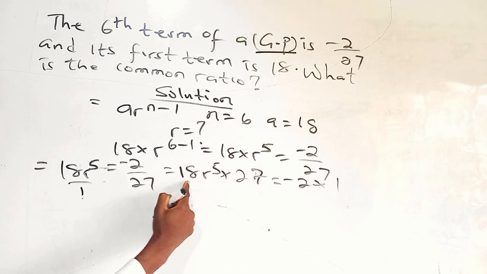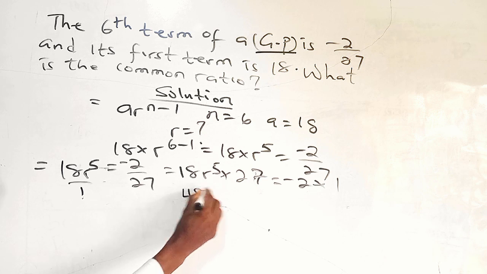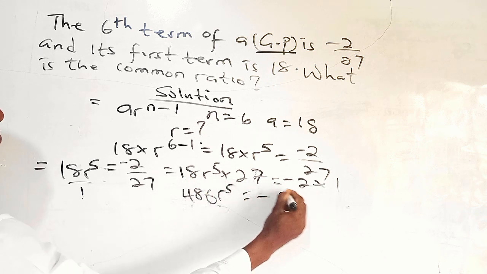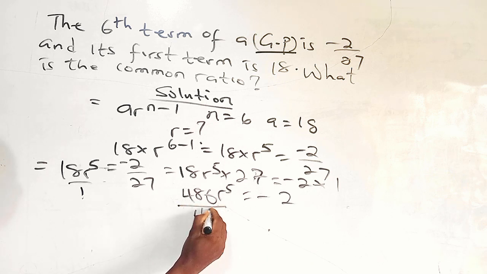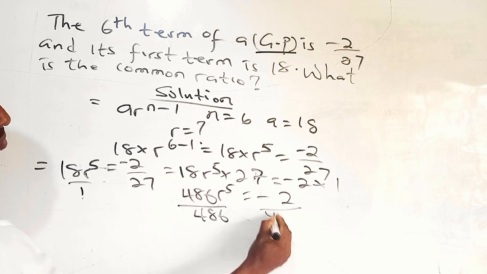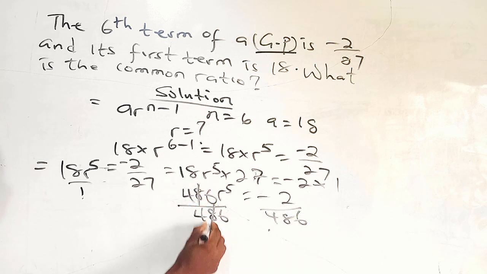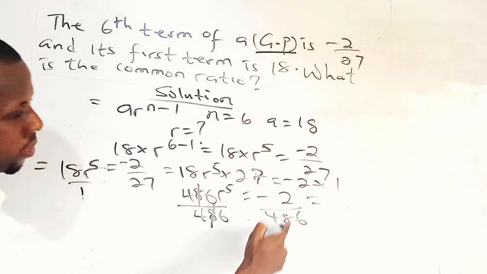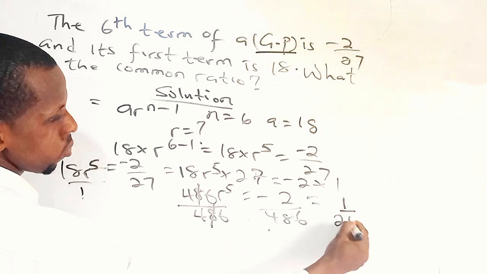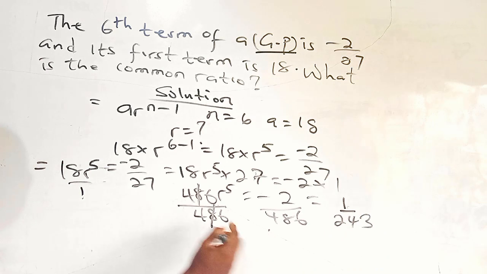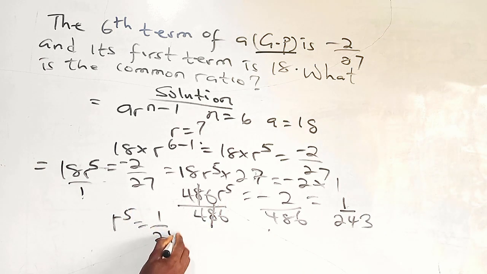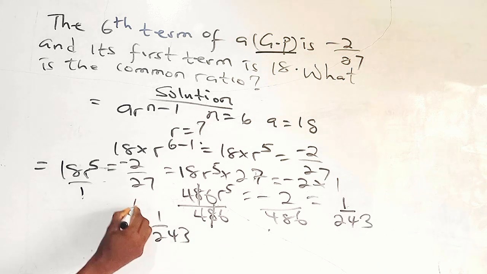So from here we have 486. When you multiply this with r raised to power 5, this way you have minus 2. So you can easily divide by the coefficient of r, which is this. So you have 486. This can easily go. When you simplify this, you have r raised to power 5 equals minus 1 over 243. But to remove this power, we have to look for the fifth root of both sides.